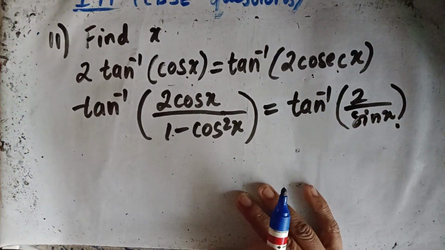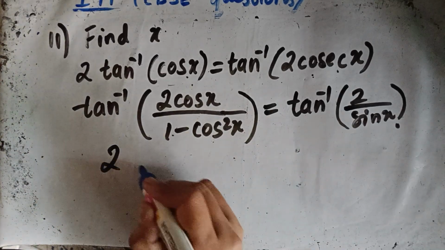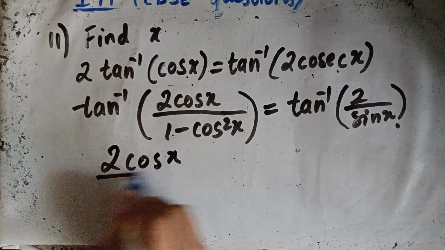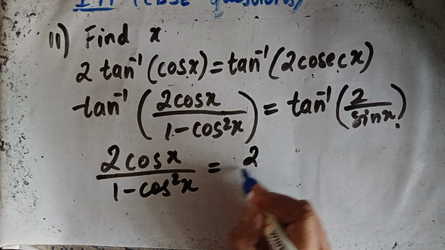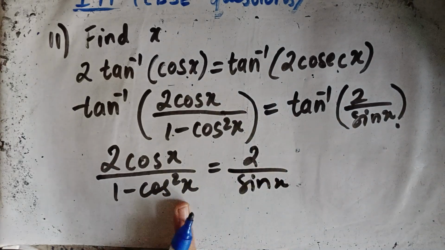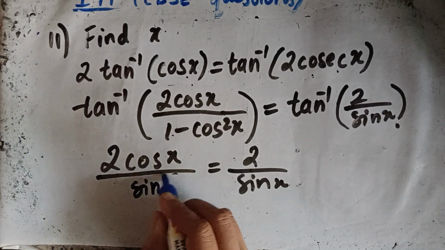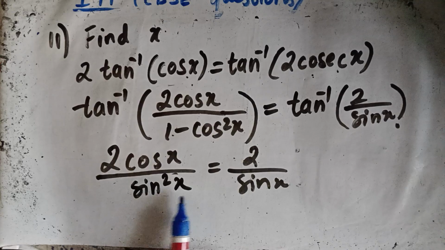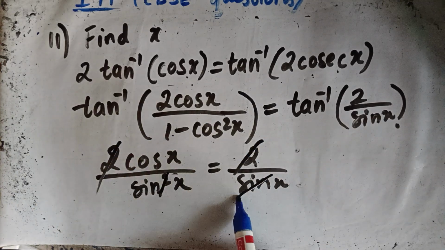So now this is tan inverse, this is also tan inverse. So we'll get 2 cos of x upon 1 minus cos square x equal to 2 upon sine of x. 1 minus cos square x we can write as sine square x. This 2 gets cancelled, and one of the sine square x gets cancelled.